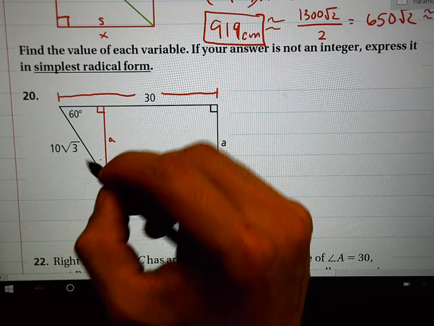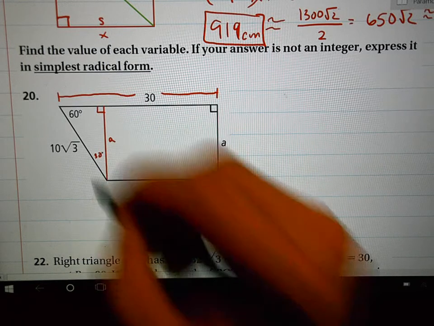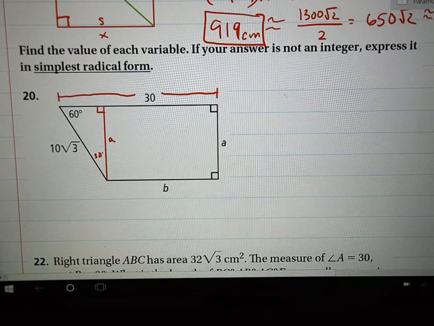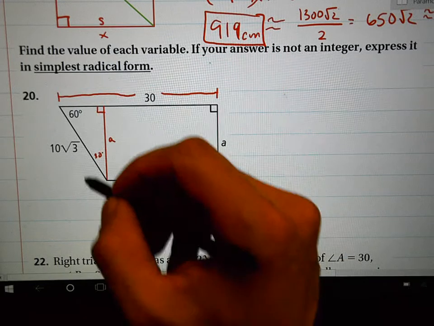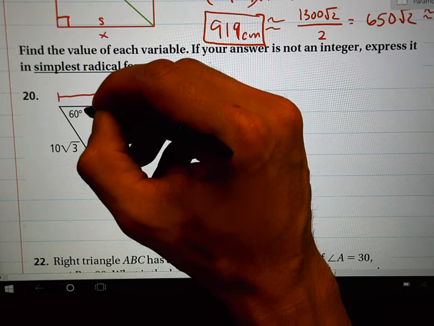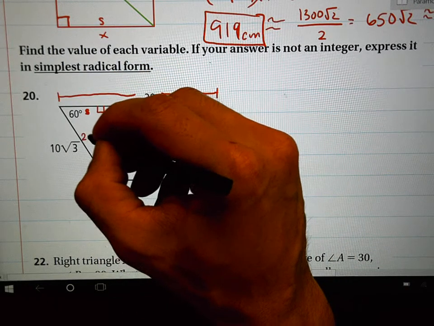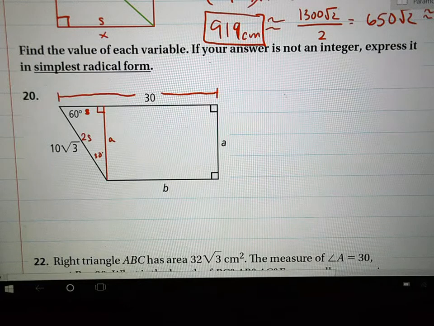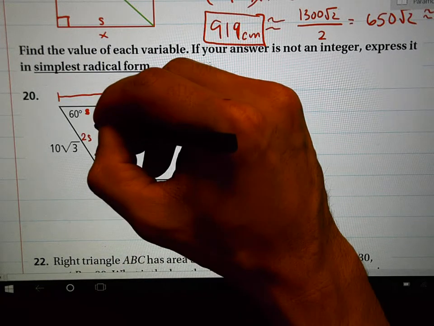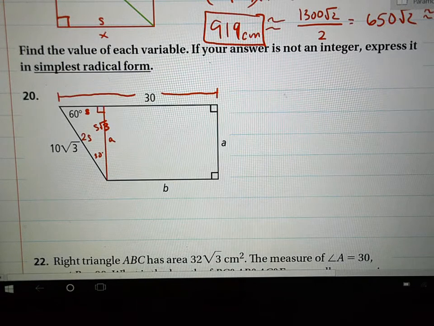What angle is it? How many degrees? And now you can use a shortcut. Across from the 30 is S. Across from the 90 is 2S. Across from the 60 is S root 3. So I write that in my picture. S, 2S, S root 3.